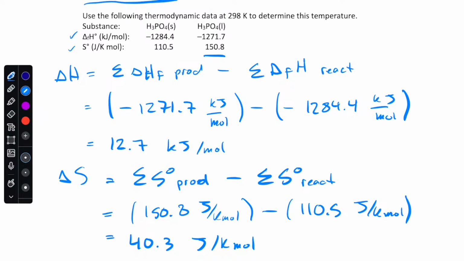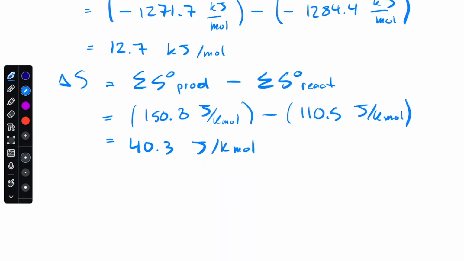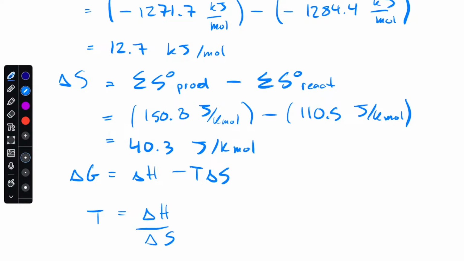So what we can do is use our equation, delta G is delta H minus T delta S, and set delta G equal to 0. You can use it that way, or I think there's also a formula on your formula sheet that says for a phase change, the temperature is equal to delta H over delta S for that phase change.